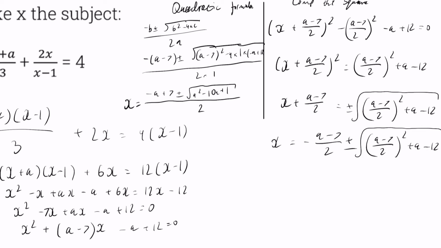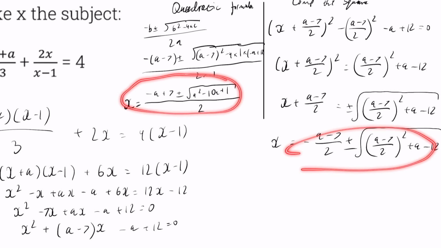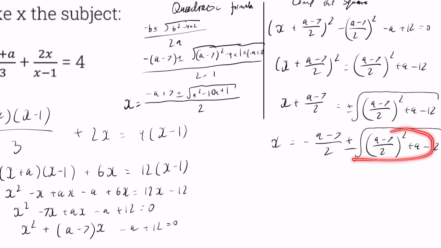the square root of that. Now, to prove to you that this and this is the same answer, I'm going to expand everything in here and try to rewrite this in this format. So I'll write minus a plus 7 over 2 plus or minus, expanding the bracket should give me a squared minus 14a plus 49 over 4 plus a minus 12.